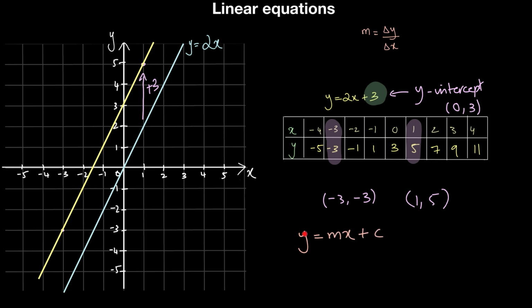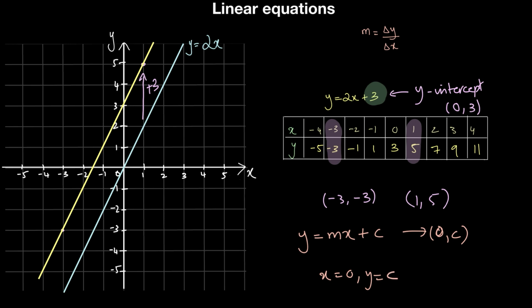If this equation represents a line, any 2 points on a given line will satisfy this equation. And in this linear equation, m is the slope, whereas c is the y-intercept. The coordinates of the y-intercept are always going to be 0, c. So when x is 0, y is equal to c.